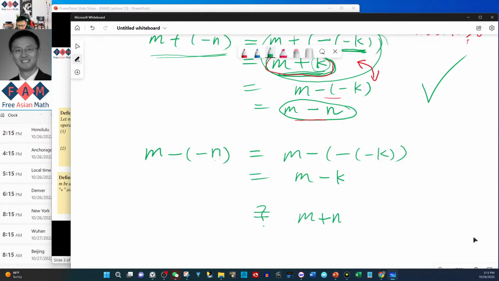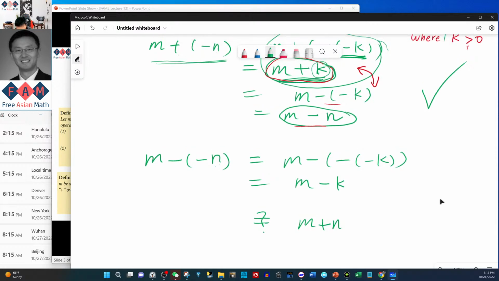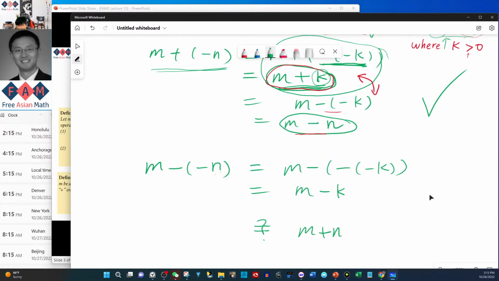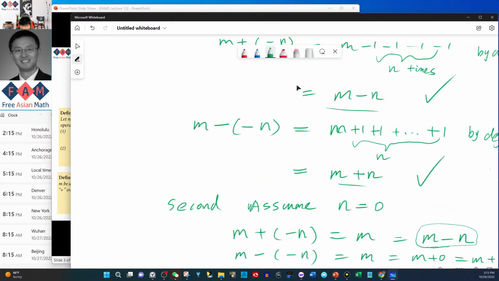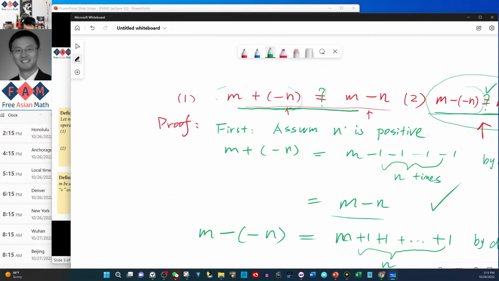But now if you recall, we just proved this, again, in the first case when n is positive.